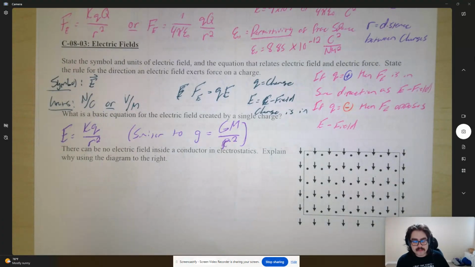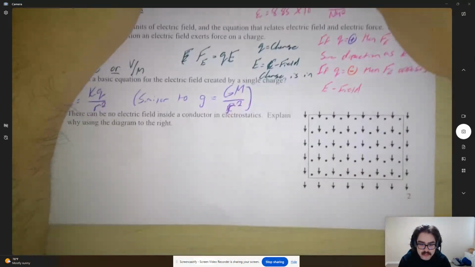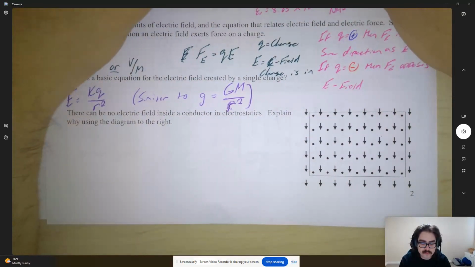Now, when we're talking electrostatics, inside of a conductor we have no electric field.